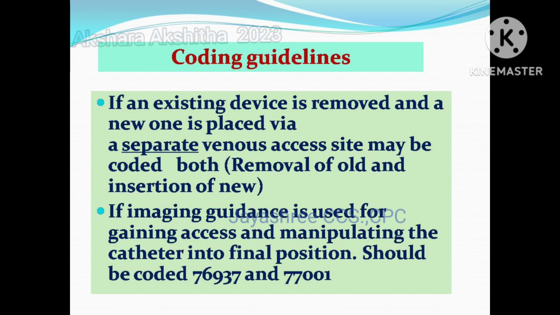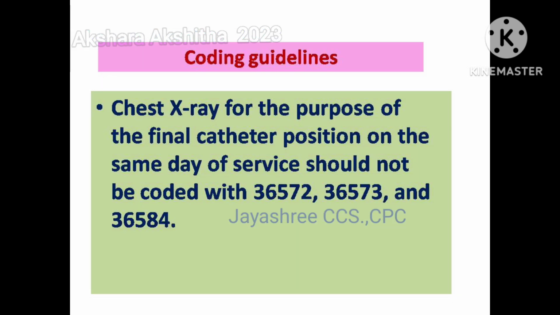Okay, the next point is, if imaging guidance is used for gaining the access or manipulating the catheter into the final position, it should be coded 76937 and 77007. Then the next point is, chest x-ray we should not bill separately for the purpose of final catheter position on the site.